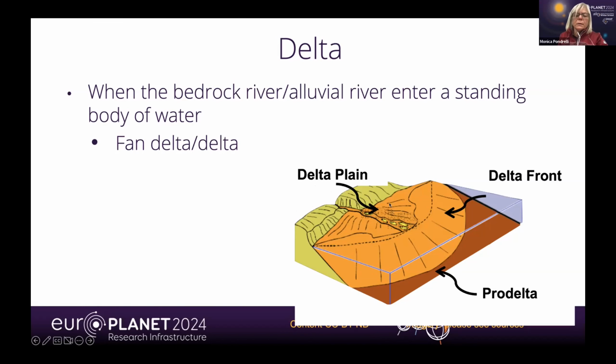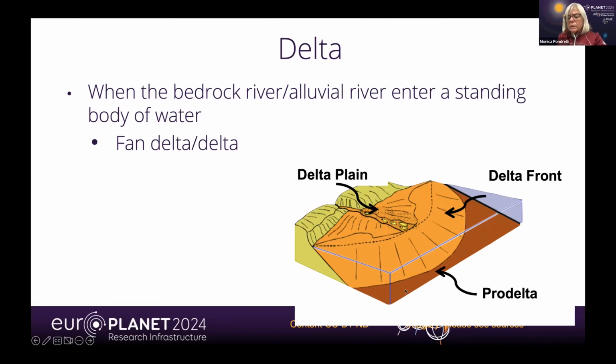before the delta deposition, deltas are distinguished into three major parts: the delta plain and the delta front, where the delta plain is totally emerged, or most of it is emerged actually. The delta front forms where the fluvial deposit starts to interact with the standing body of water.